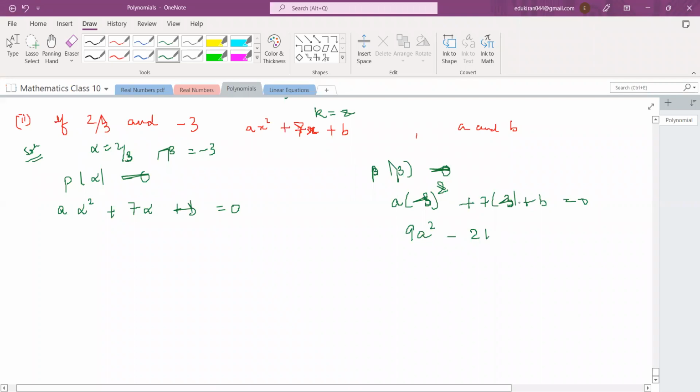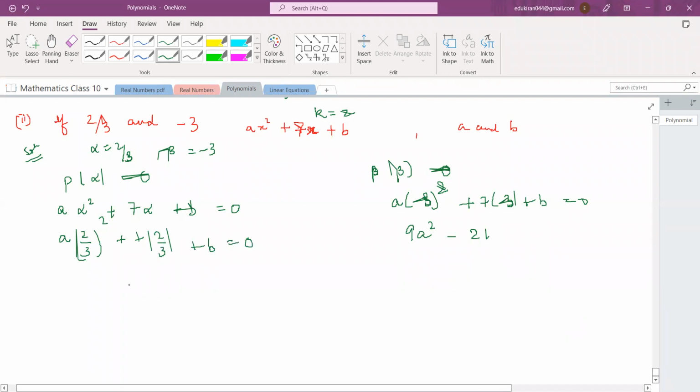Why don't we keep the values for alpha? Yeah, we have to put the value. Sorry, I just skipped, alpha was how much? 2 by 3. Yes, please put here a into (2 by 3) whole square plus 7 into 2 by 3 plus b is equal to 0.